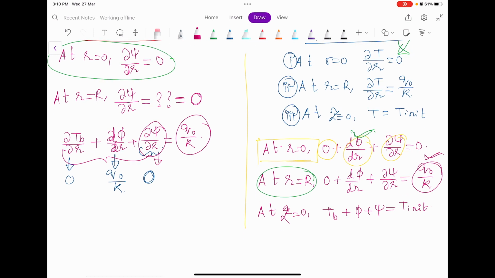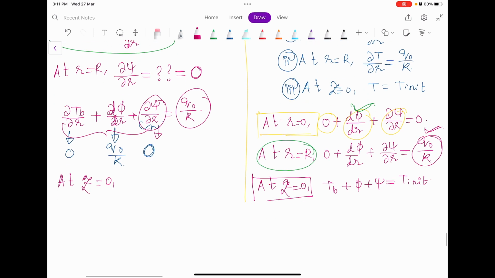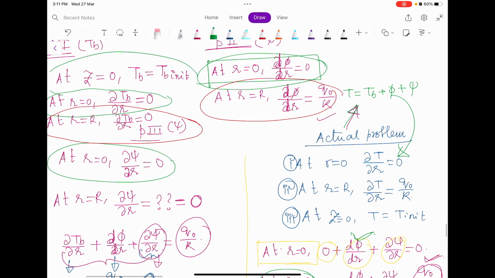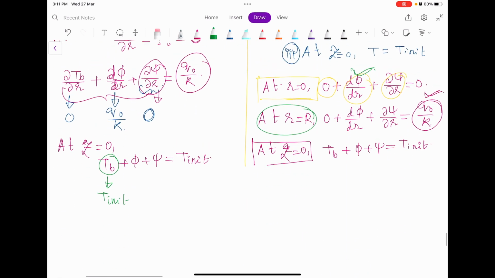So now let us look at z. At z equal to 0, what should be there? tb plus phi plus psi should be t init, right? And I already have that at z equal to 0, tb is equal to t init, from here.